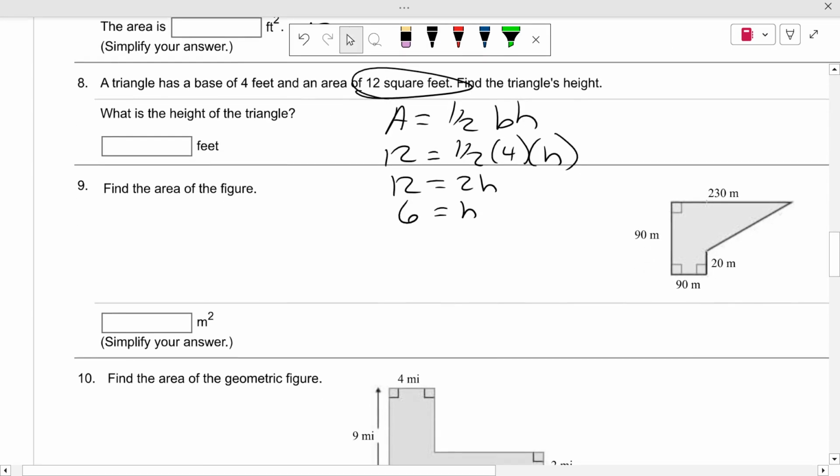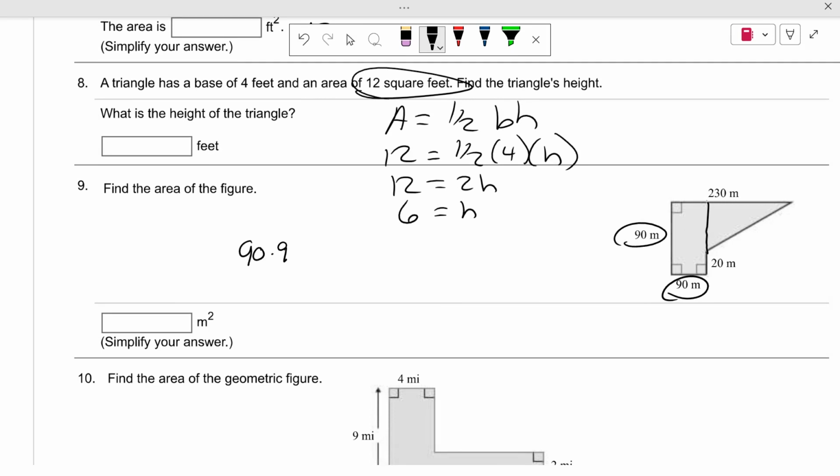When you get to a problem like this, you cut apart the shape into two different shapes. So you have a rectangle that's 90 by 90. So you take 90 times 90, and you get 8100. And then you have a triangle.